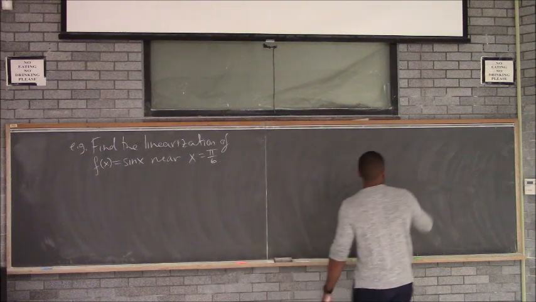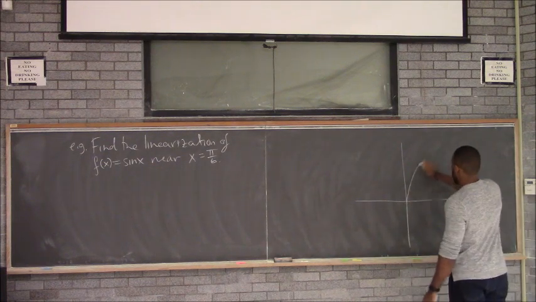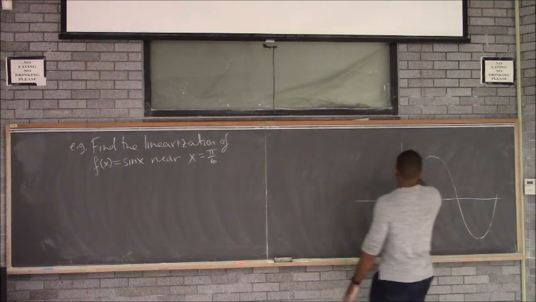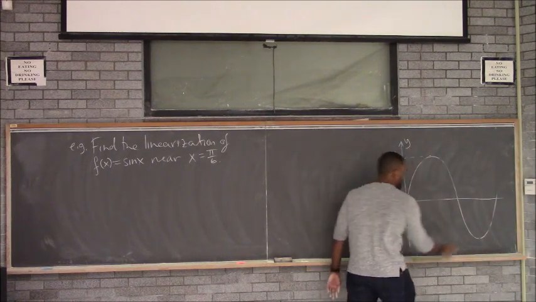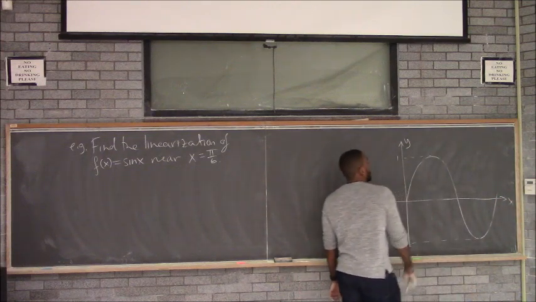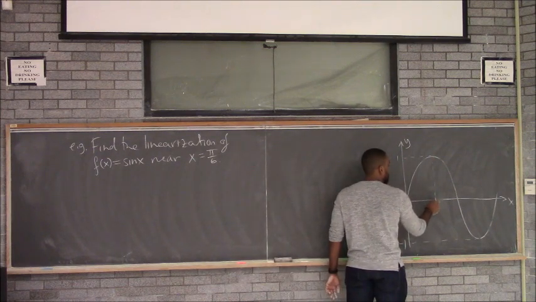So the idea here, the sine function looks like that, doing its thing. And where does the peak happen? What's the x value?